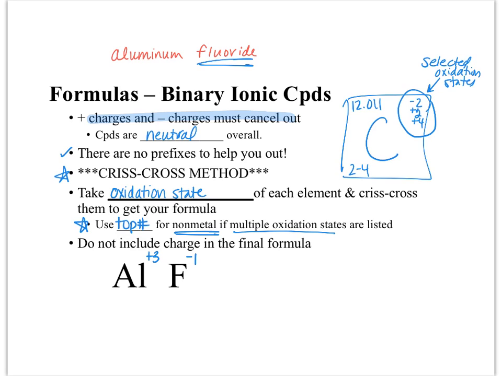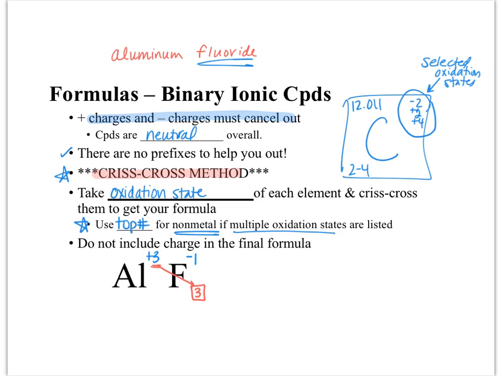So the shortcut way of neutralizing this compound is what is referred to as the crisscross method. So what you're going to do is take the oxidation state of the metal, just the number, not the charge, and crisscross it over to become the quantity or the subscript of the non-metal.